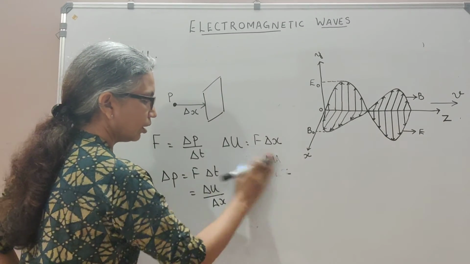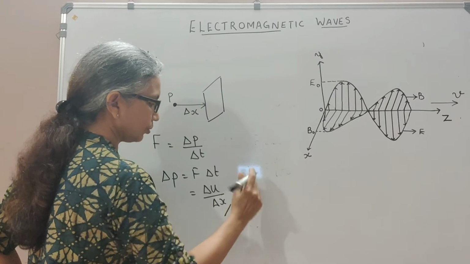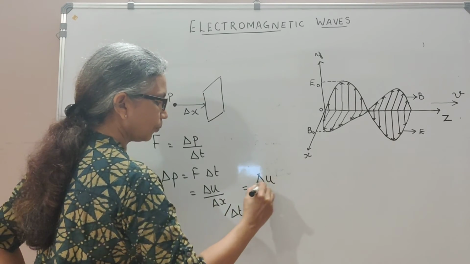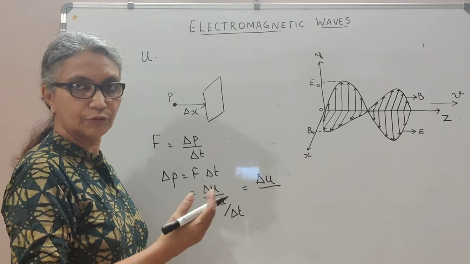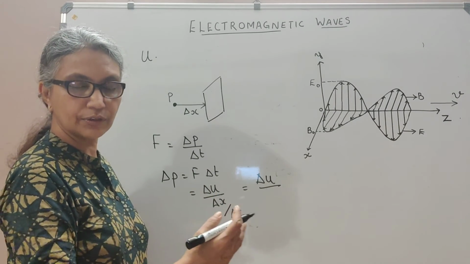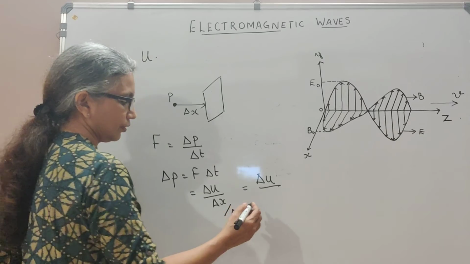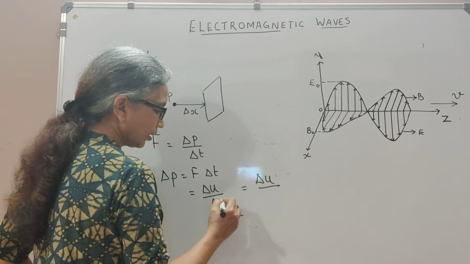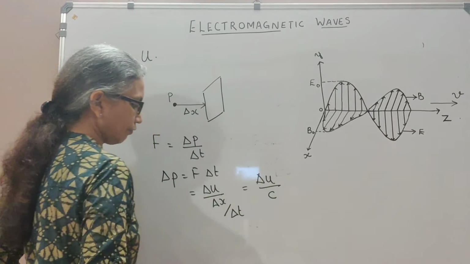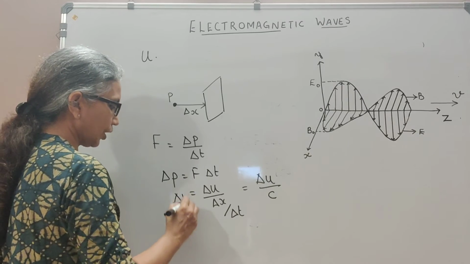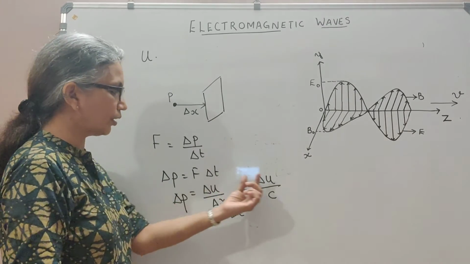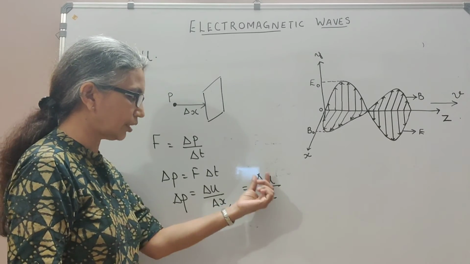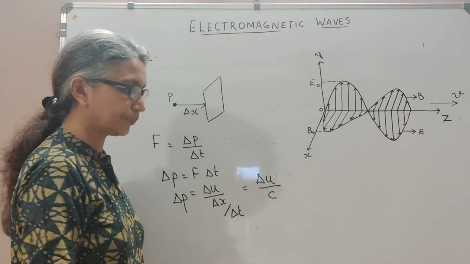Delta x by delta t is what? Displacement by time. For an electromagnetic wave traveling in vacuum or free space, delta x by delta t will be the velocity. So that is the change in momentum. We know that the momentum can be given by the change in energy divided by the velocity of light.